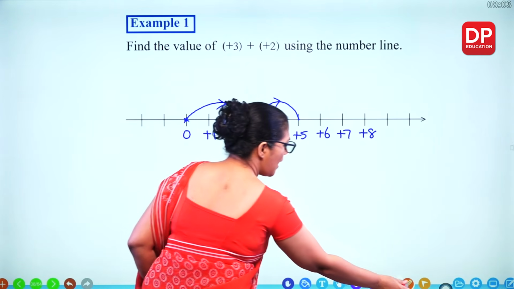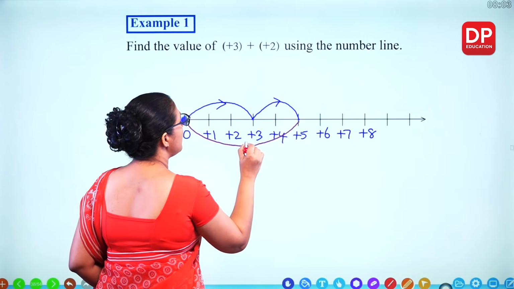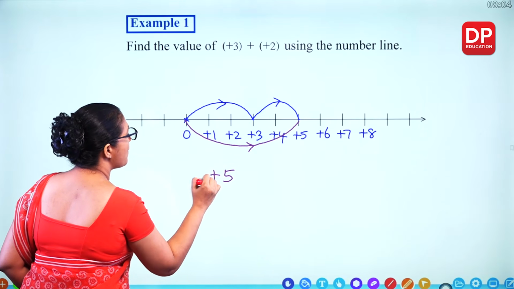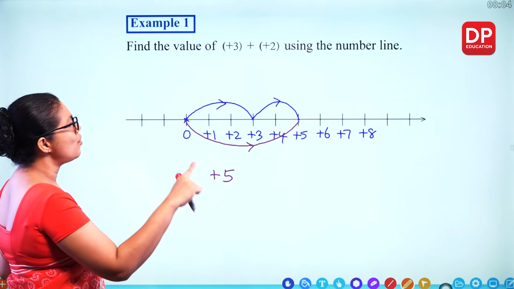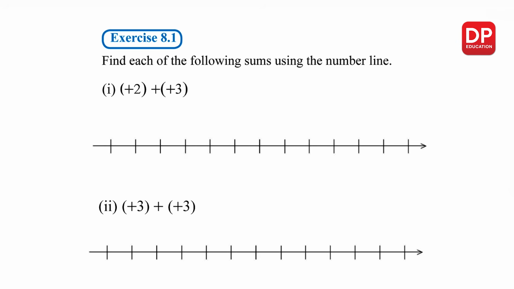So what's the final answer? So you are getting here to here, that means plus 5. So the answer is plus 5. 0 to plus 5. Exercise 8.1. Find each of the following sums using the number line.